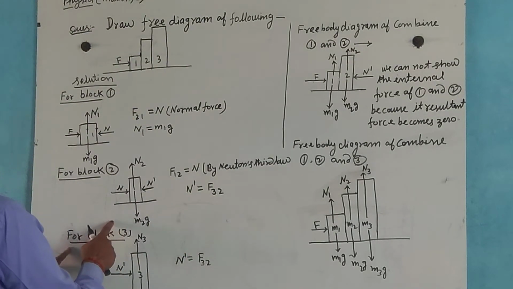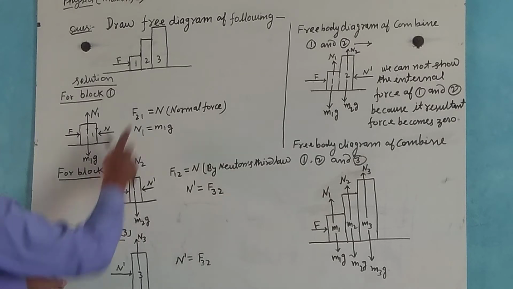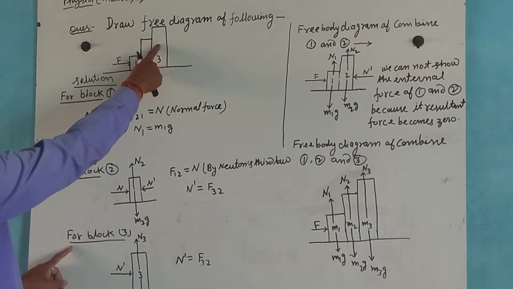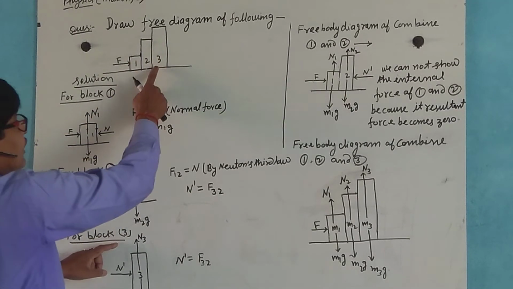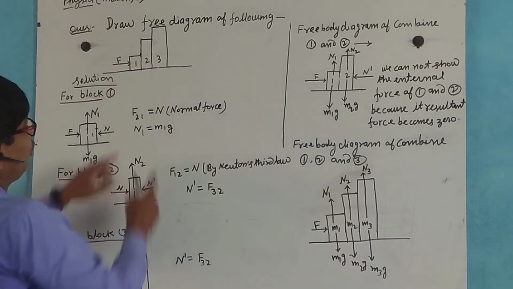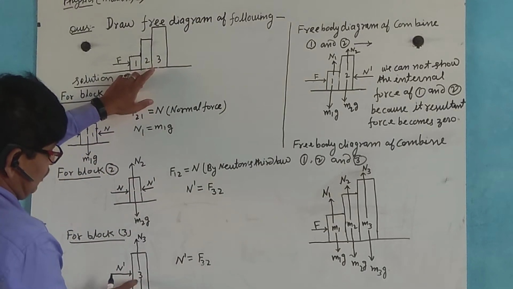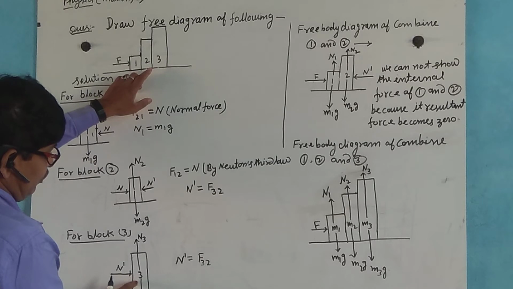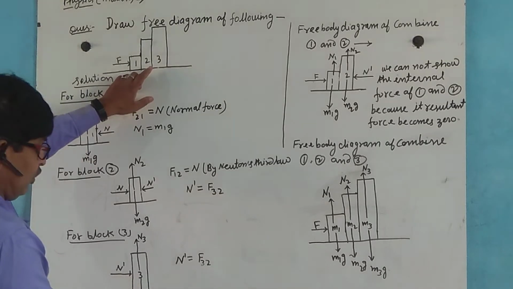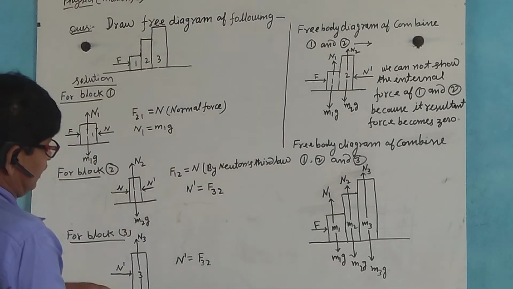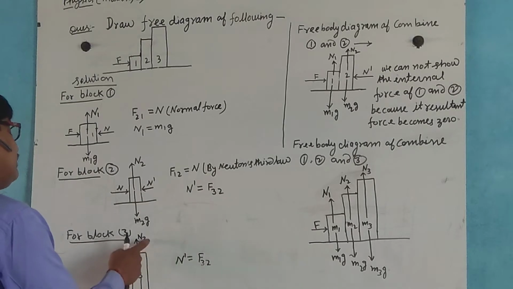Now we take block 3 here. In this case, M3 has weight in the downward direction, M3g, and normal force M3.